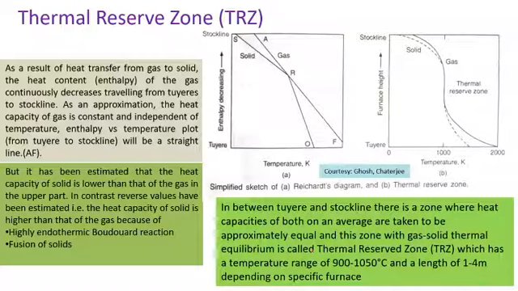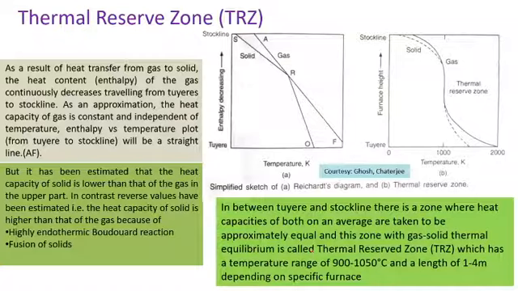In detail, in the thermal reserve zone, we have discussed already that heat transfers from the gas to the solid. That means the gas is at higher temperature and the solid is at lower temperature, so transfer of heat occurs from gas to solid in the ideal blast furnace.